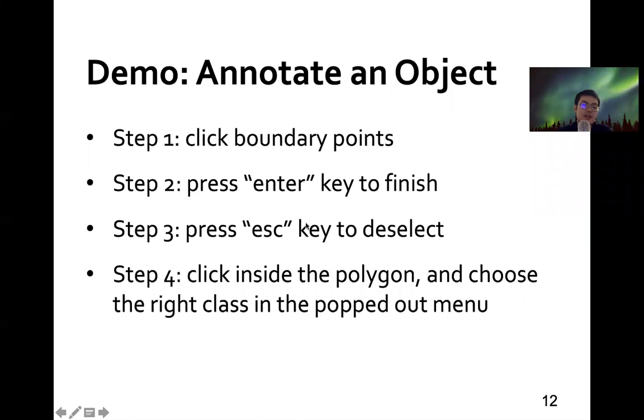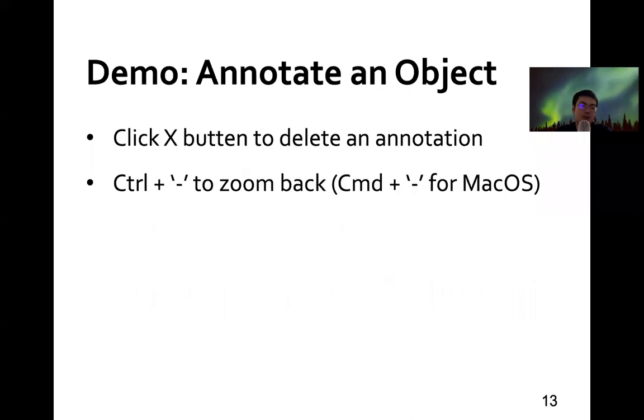This is the polygon; it will close the last edge from the beginning point to the end point. Then press Escape to deselect the object, and click inside the polygon. It must be inside, by the way. A pop-up menu will appear and you choose the right class. If you strictly follow the steps, it will be easy. It's not easy if you do it randomly, so that's why we have the steps so clear.